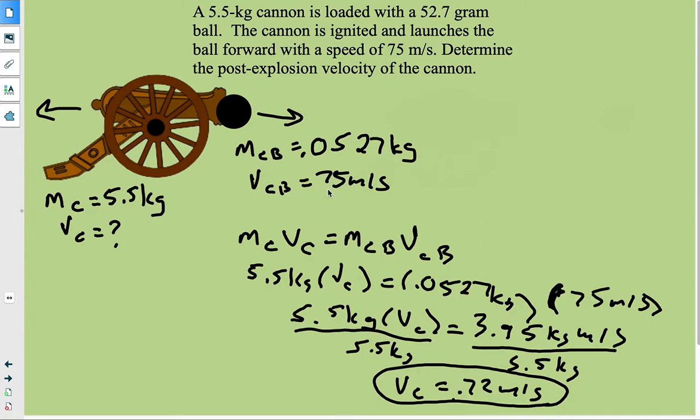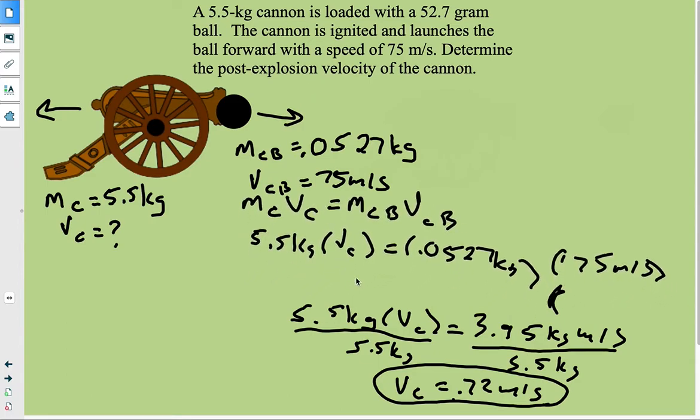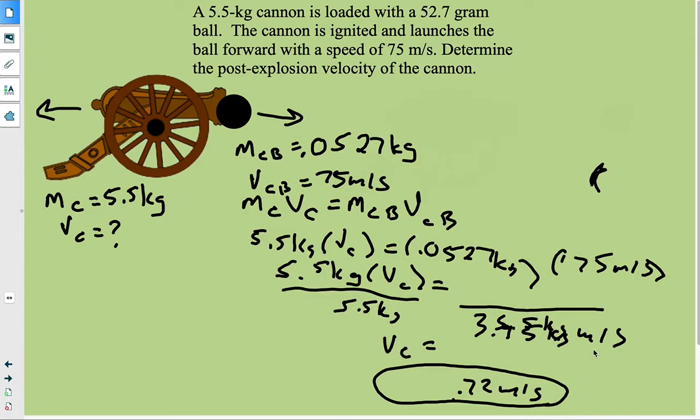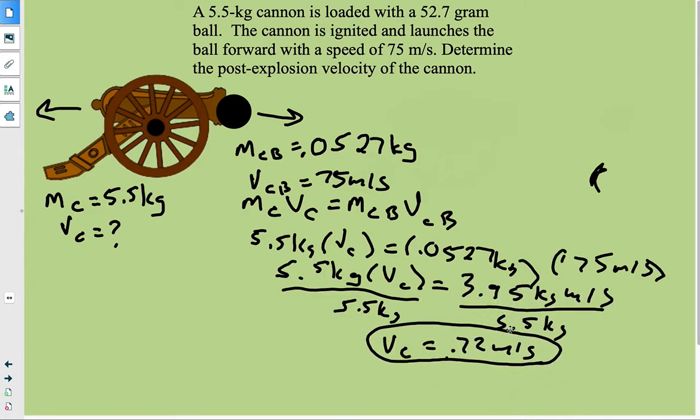So the cannonball was... I'm sorry, what was that? If you could just move it up a little bit. Oh, can I move it up? Yeah, I'm sorry about that, you guys. This is all happening because it's hard for me to write on these screens here. Oops. Is that better?